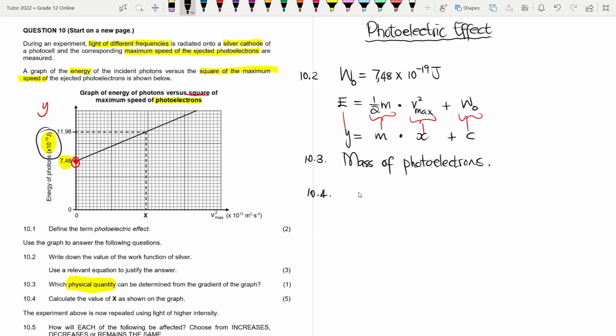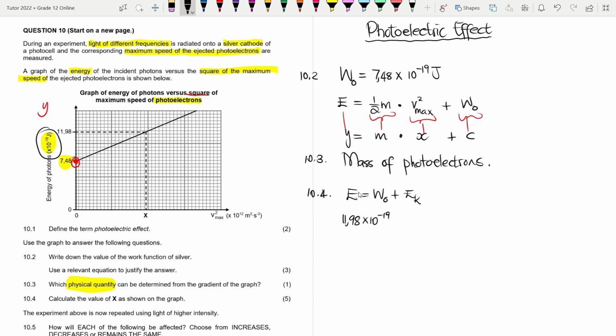10.4. Calculate the value of x on the graph. What can we do? What's the plan? E is equal to work function plus EK. Then our E would be 11.98 times 10 to the power negative 19.